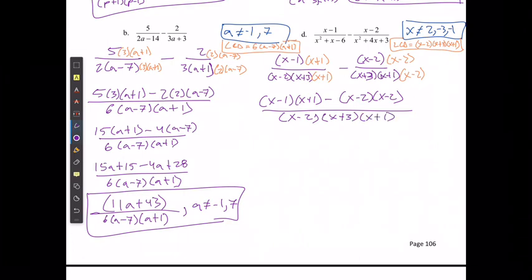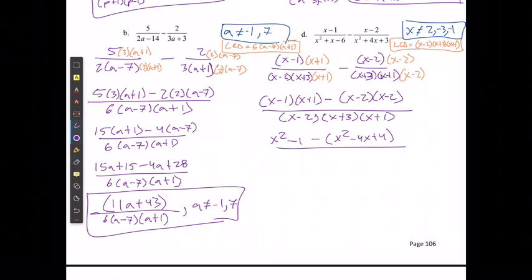Well, the top is just a difference of squares, so I'm going to get x squared minus 1, and I'm subtracting from that the second one, a perfect square trinomial, x squared minus 4x plus 4. Don't forget that you have that negative sign on the outside, so leave this in brackets for right now.